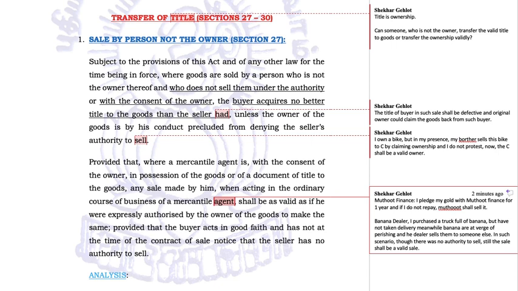I told him that I'll take the delivery later on, and I do not show up for the next 1 to 2 days. Bananas, by their nature, are perishable. They quickly perish, so they're on the verge of perishing. And the dealer sold those bananas, which he had already sold to me, to someone else. I had not instructed him to sell, but he has sold in order to preserve the goods. In this case, such sale shall be valid, and the new buyer will have as good a title to the bananas as I had over them.